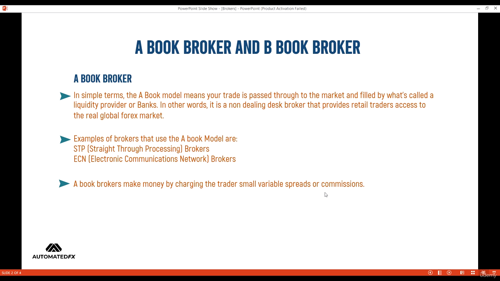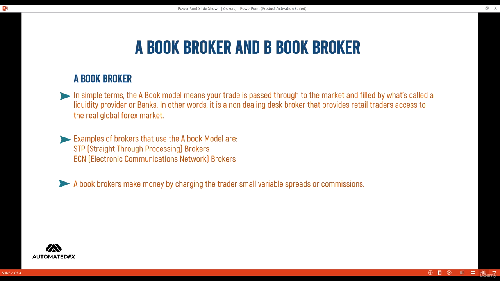By variable spreads, I mean spreads are not constant. The spreads change. Sometimes they might be very minimal, sometimes they might be very high. At times when the market is closing, where there is very low volatility, or times where there are economic events, that's news, where there is high volatility, you see that they now charge you more spread.